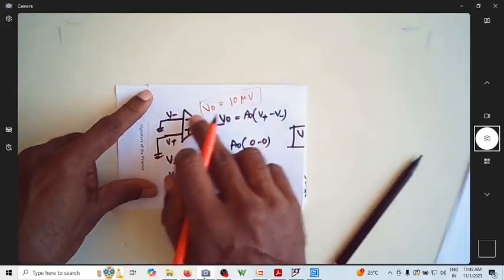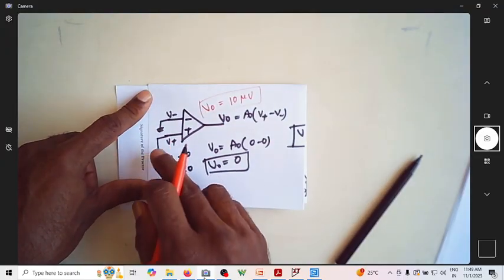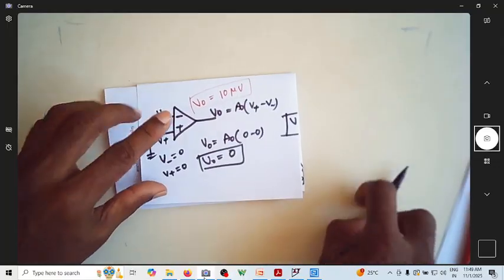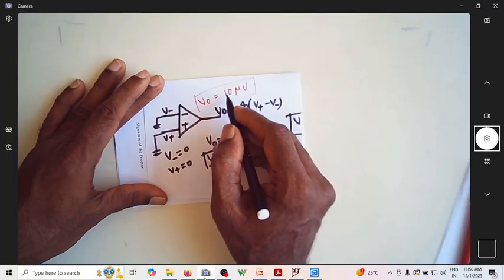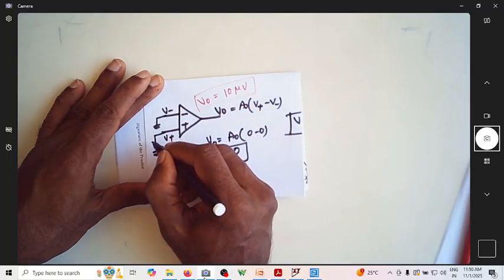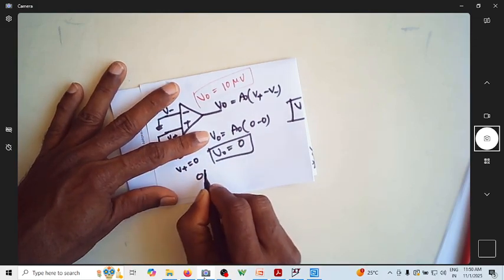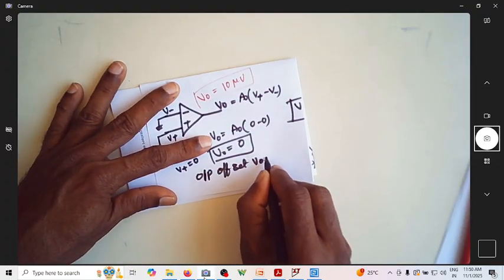The output voltage when both the inputs are grounded is known as output offset voltage. What is this 10 microvolt? This 10 microvolt, the output voltage when both inputs are grounded, is called output offset voltage.